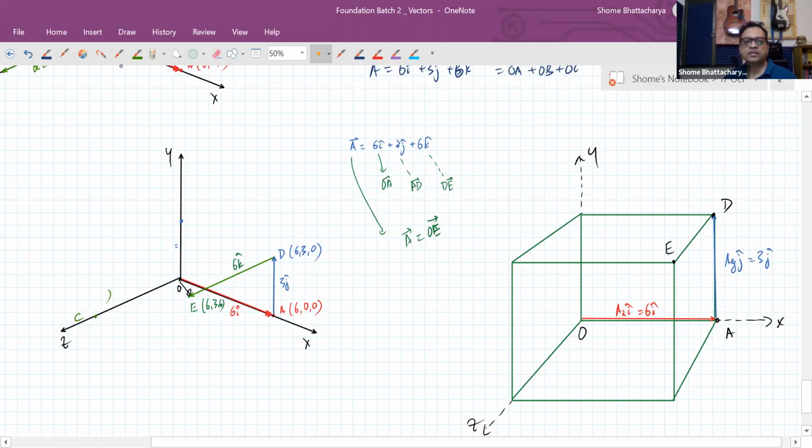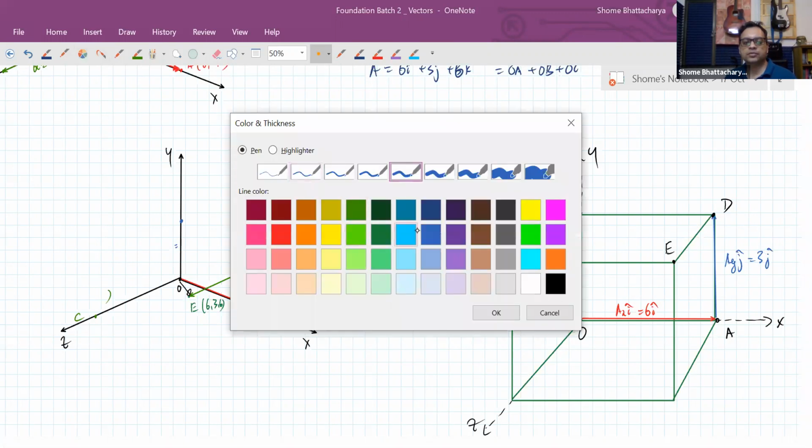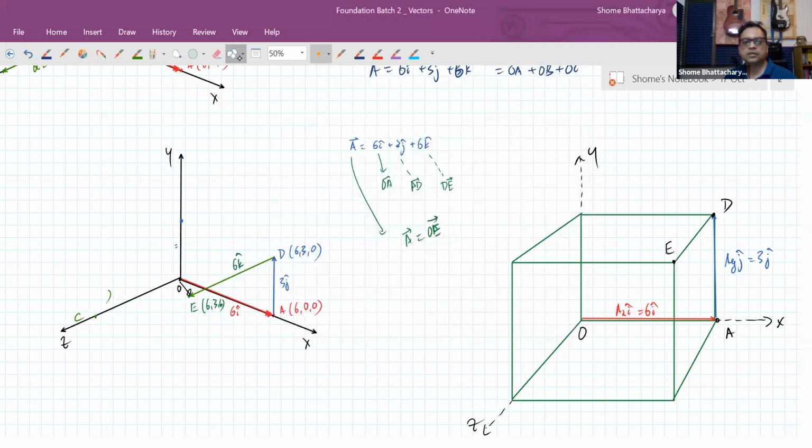And finally, this one over here is the vector AZ k cap, which in our case is 6 k cap.